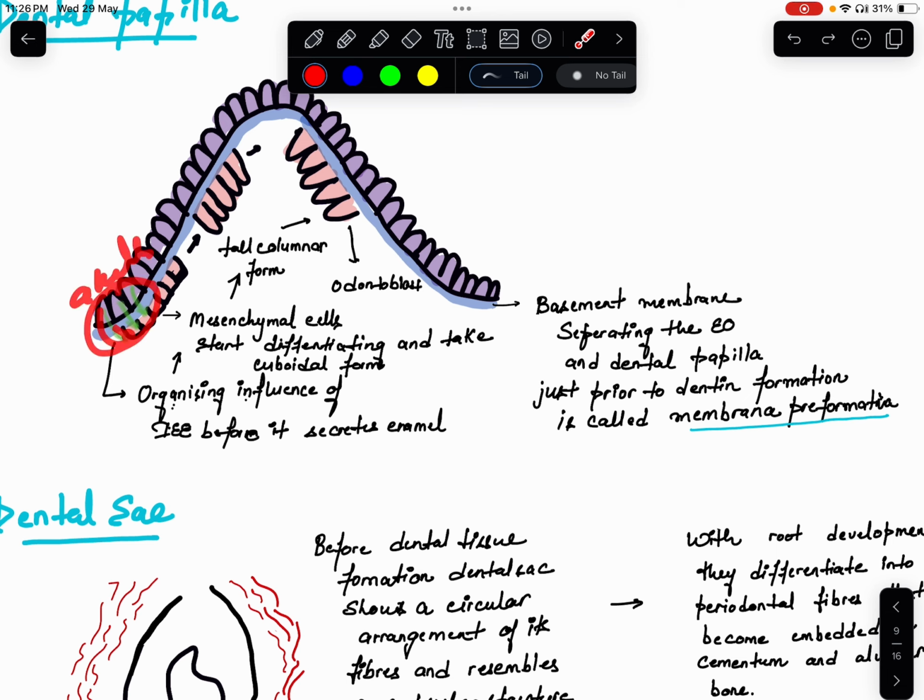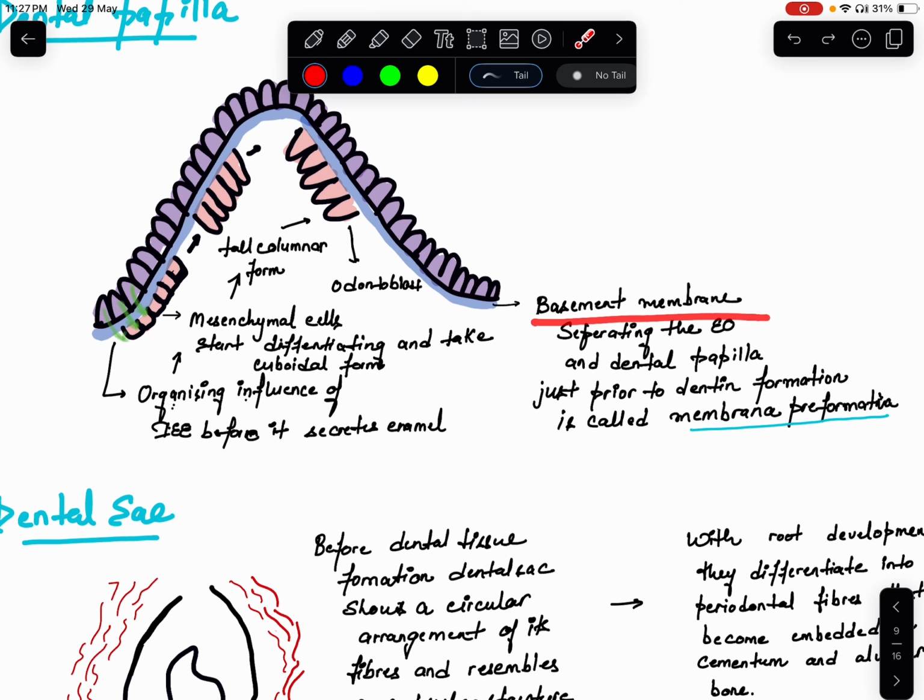It will send off signals to the dental papilla, and the papilla will start differentiating into odontoblasts. These cells will first take a cuboidal form, then a tall columnar form. When these tall columnar cells have the potential to secrete dentine, they are called odontoblasts. So this is how differentiation of the odontoblast will take place.